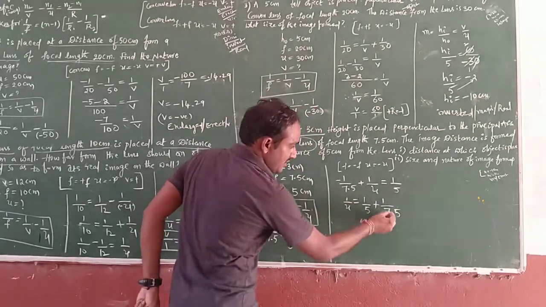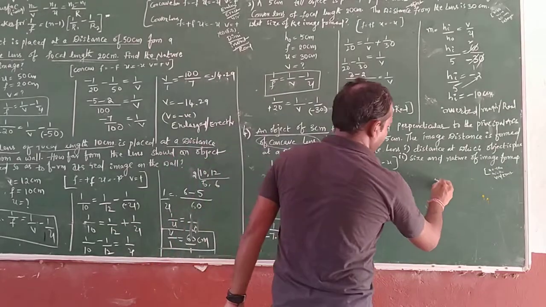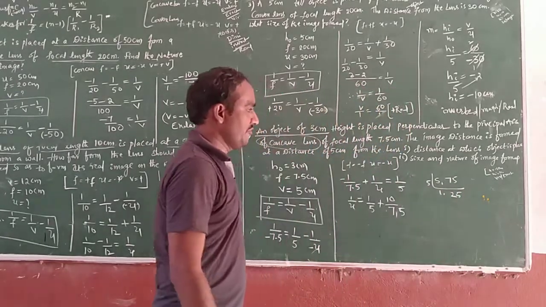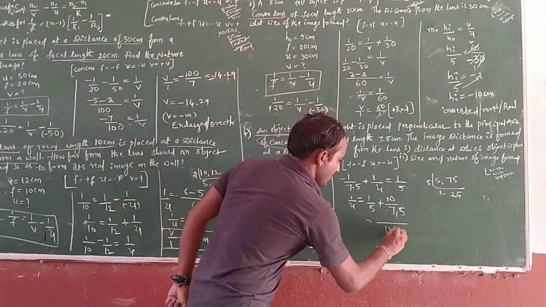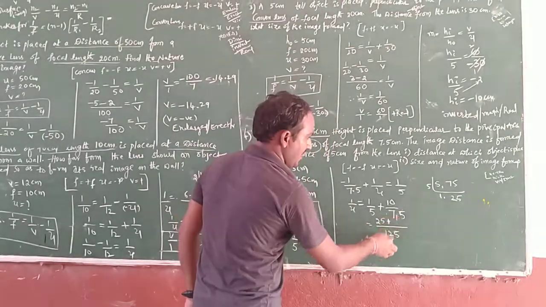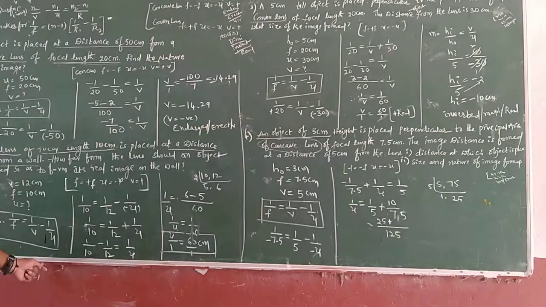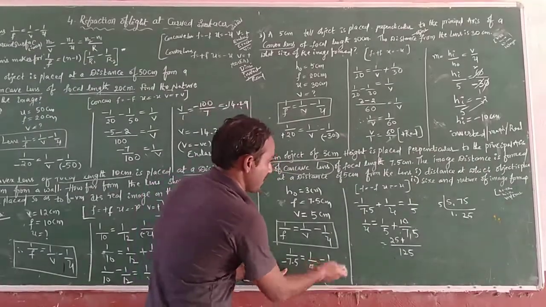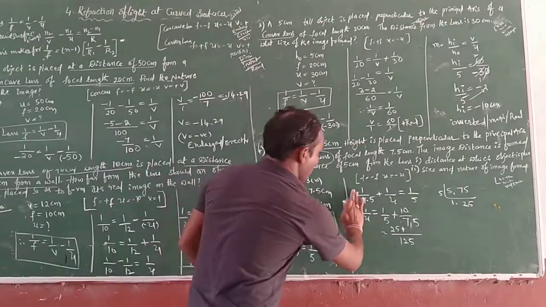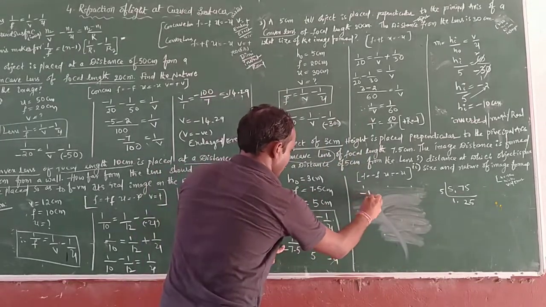We remove the decimal and take the LCM of 5 and 75, which is 25 times 5, that is 125... Here we have to simplify these values. 5 goes 25 times, and 75 goes once. So minus 1 by 7.5.